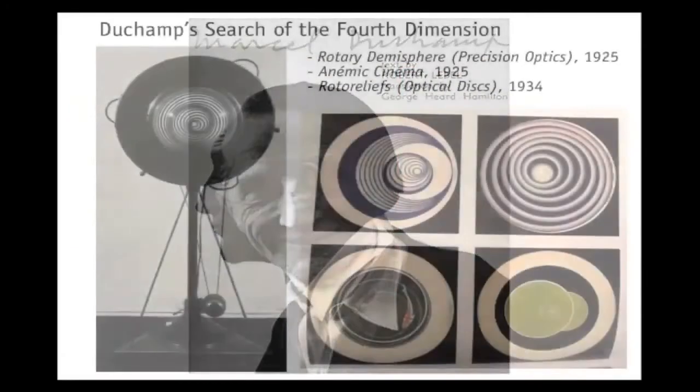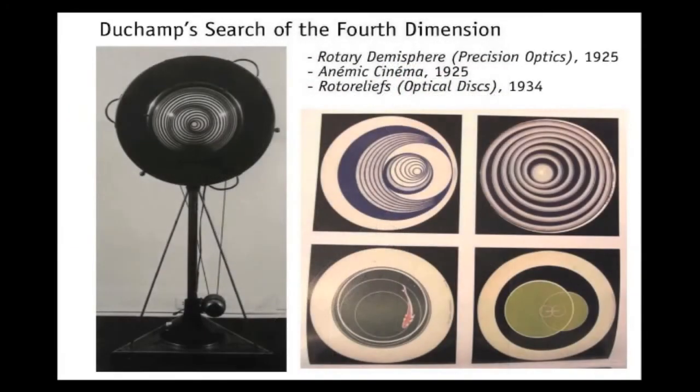And now Duchamp also played with stereoscopy, linking the idea of the illusion of depth with the idea of motion. What is interesting when we look at the history of stereoscopy is that this idea is actually pretty much present from the beginning.